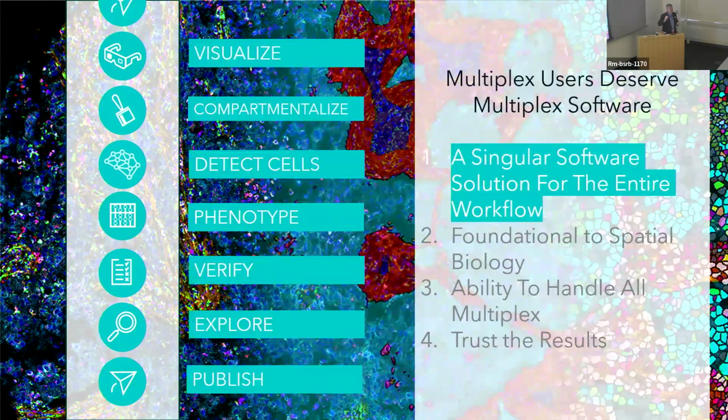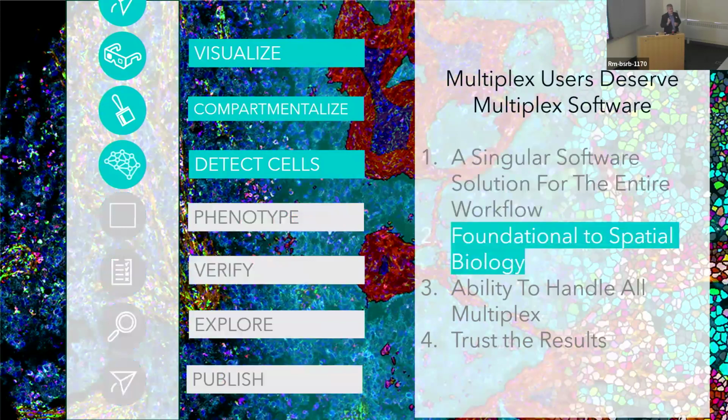But the first was to allow you to work in a single platform, a singular platform that has all the tools necessary to be able to get the data you need out of these very, very complex images. But it was based on the foundation that Visiopharm is known for, which is our ability to identify objects in tissue.